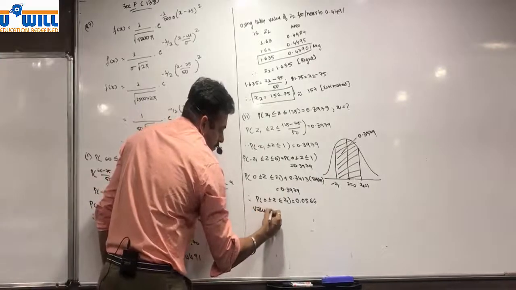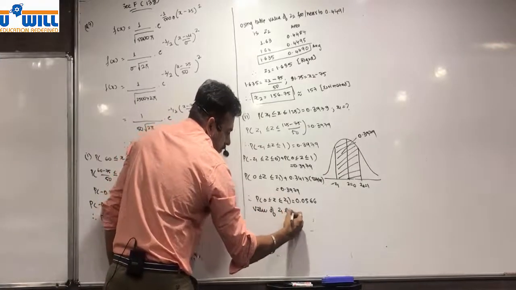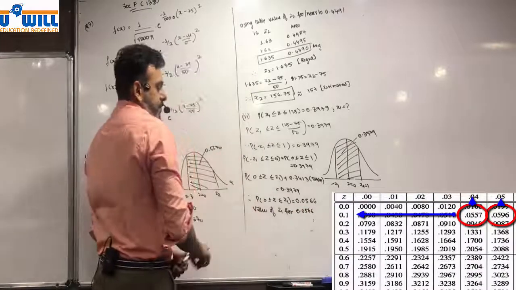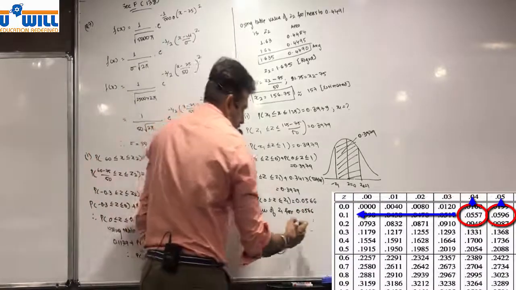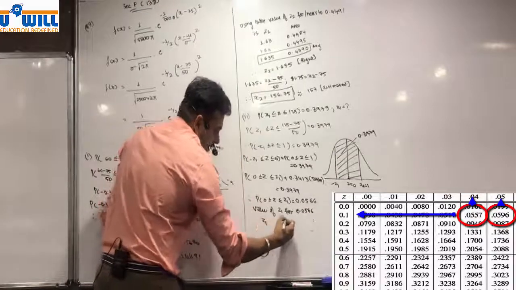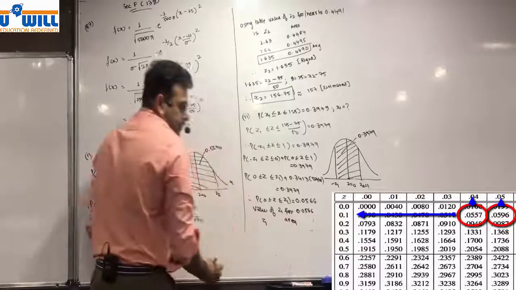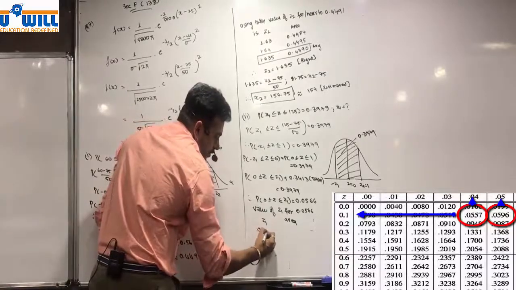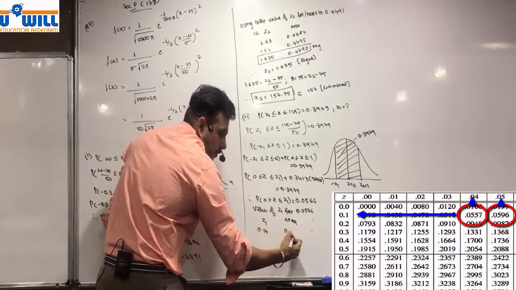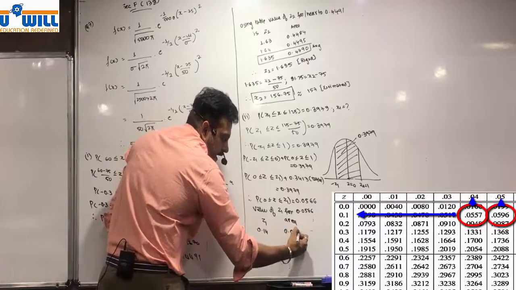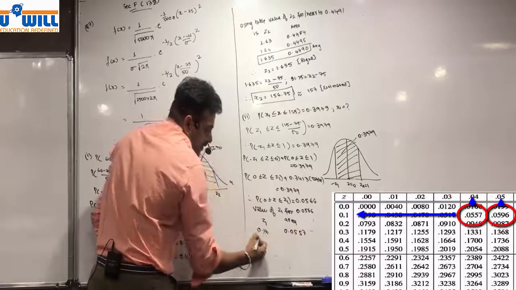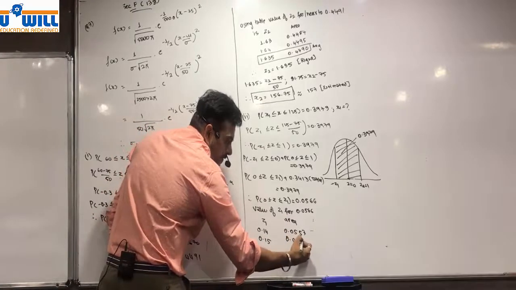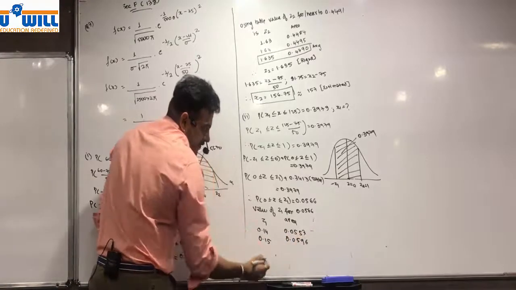Value of Z1 for 0.0566. Z1 and area. 0.14, how much? 0.0557. 0.15, 0.0596.